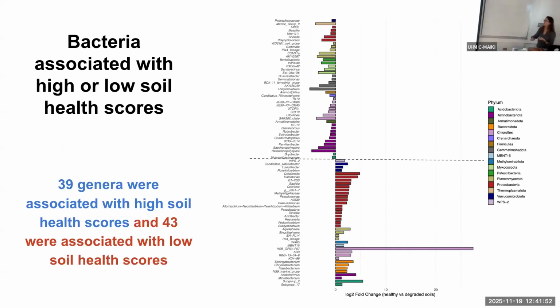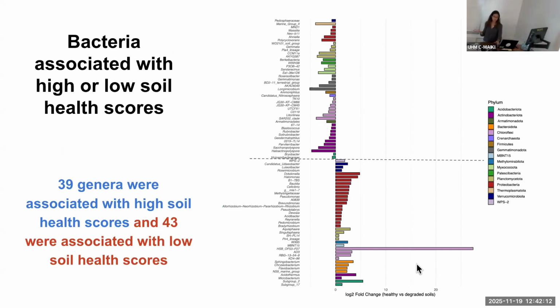So here's what we found. We found these 82 bacteria genera that we are calling biomarkers. On the top, we found 43 that were associated with low soil health scores and 39 bacteria that were associated with high soil health scores.